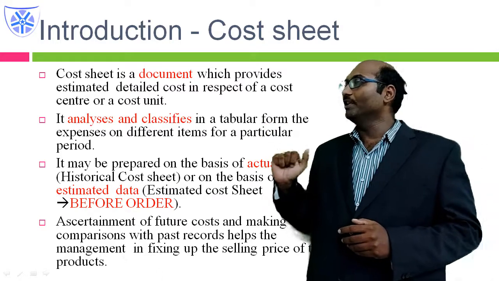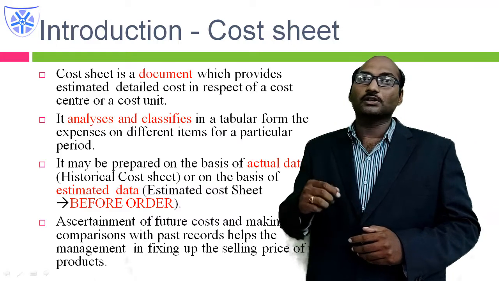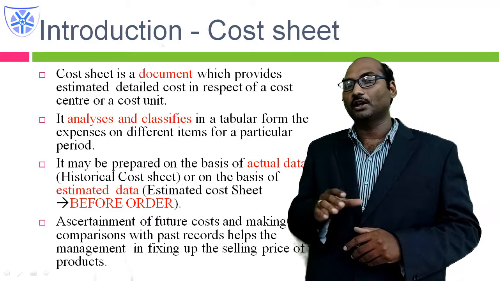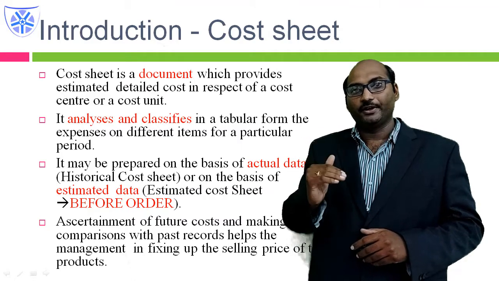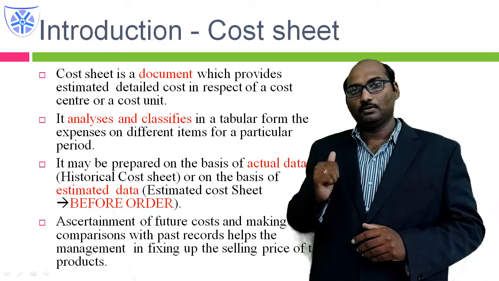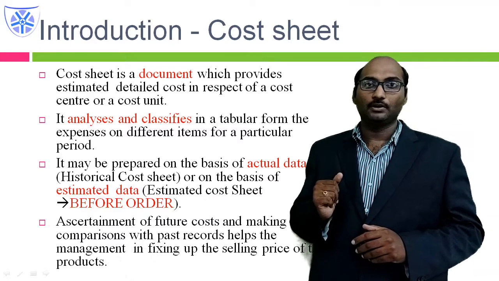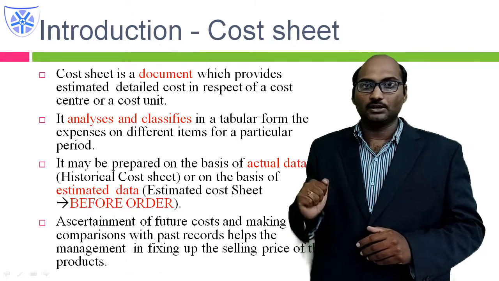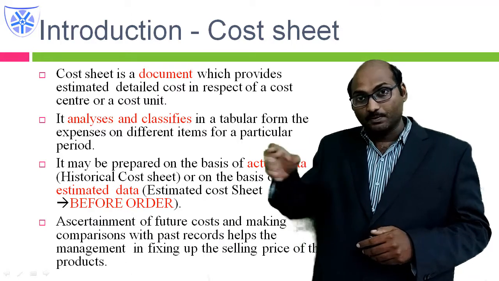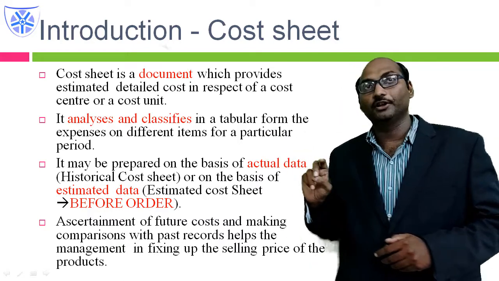A cost sheet is a document which provides estimated detailed cost in respect of a cost center or a cost unit. Okay, fabric, sewing thread, labels, then maybe poly bag, carton box, CM cost, that means cutting cost, making cost, finishing cost, transportation cost, inspection cost. These are the cost centers.